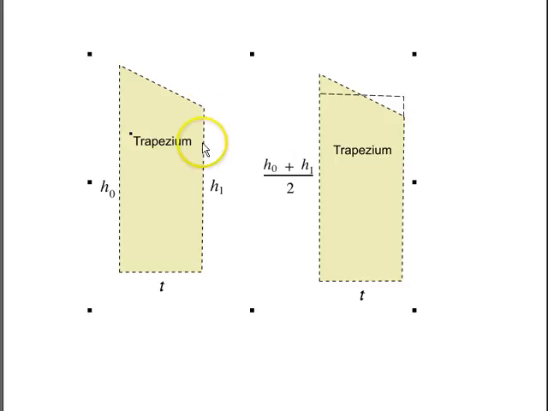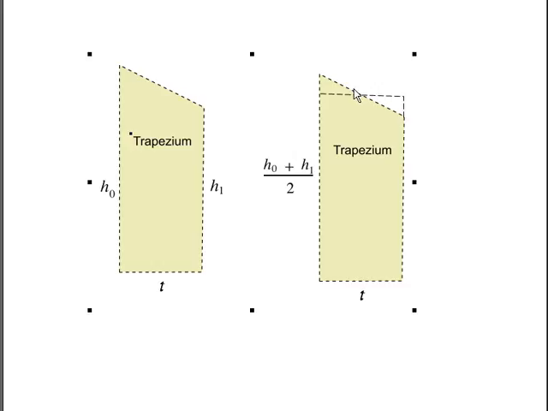Now, if I find the average of those two values, so h0 plus h1 divided by 2, in essence what I'm doing is finding the height of this rectangle here. So we can see that if we have a rectangle based on h0 plus h1 divided by 2, with t being the time base, then what we can calculate is this rectangle whereby whilst we miss this little bit here, we've also included this little bit here, and it should be fairly clear that these very closely approximate the same areas.